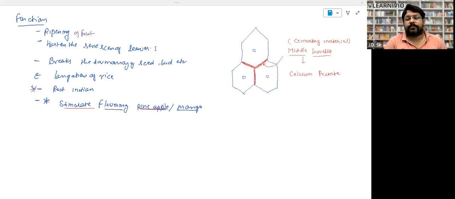Ethylene is responsible for root initiation, hence important for stem cuttings.